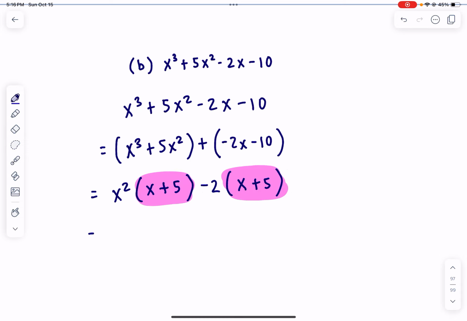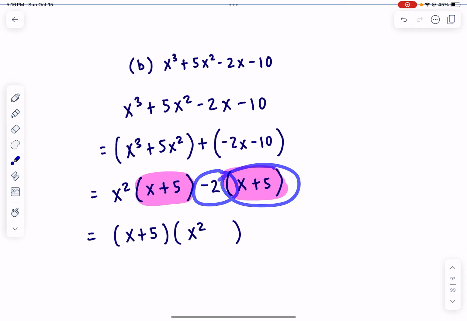So from here, we can go ahead and factor out the x plus 5. So x plus 5 goes there. If you remove the x plus 5 from this grouping, you're left with x squared. And then if you remove the x plus 5 from here, you're left with x squared minus 2.